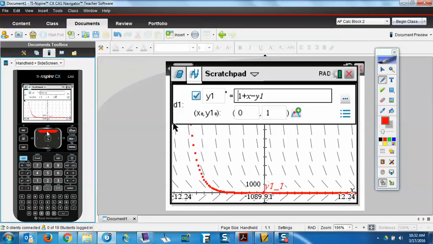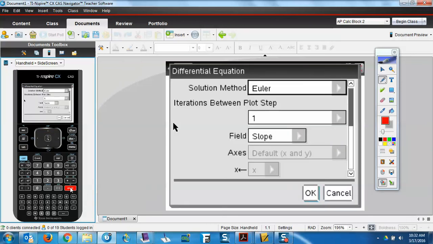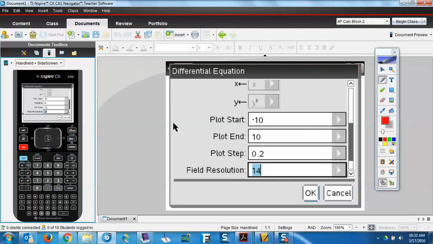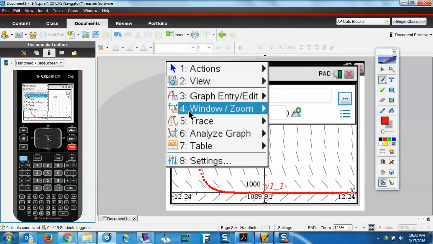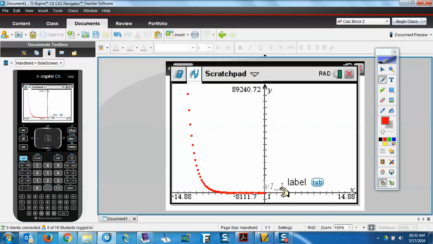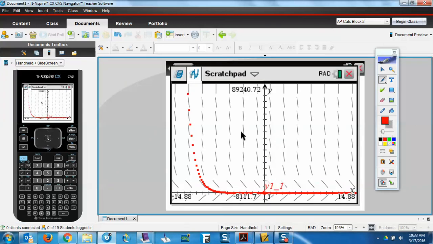Did I type that in right? 1 plus x minus y1. Try Zoom Fit again. 0.2, so that's all okay. I know, it's weird. To be honest, I don't think it really matters.